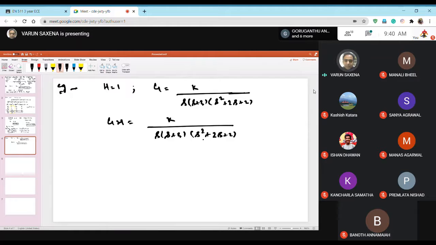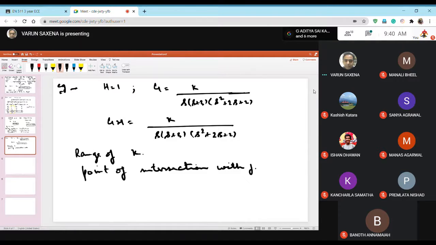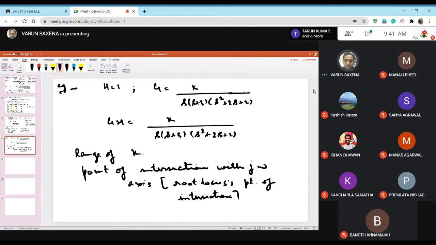Now I want you to tell me what is that range of K. And second, you have to tell me the point of intersection of the root locus with the j omega axis. So start doing this problem and tell me what answer you get.